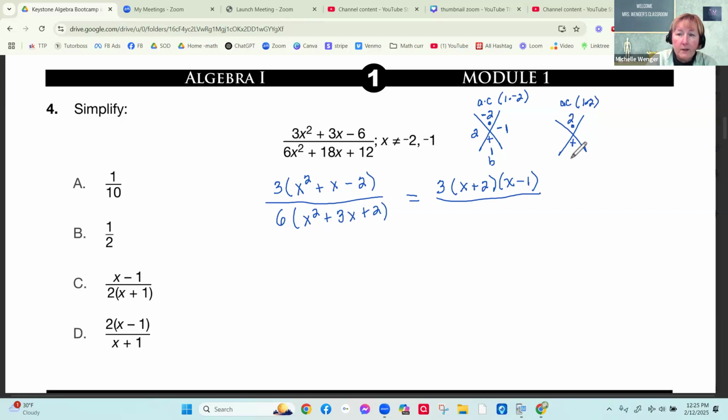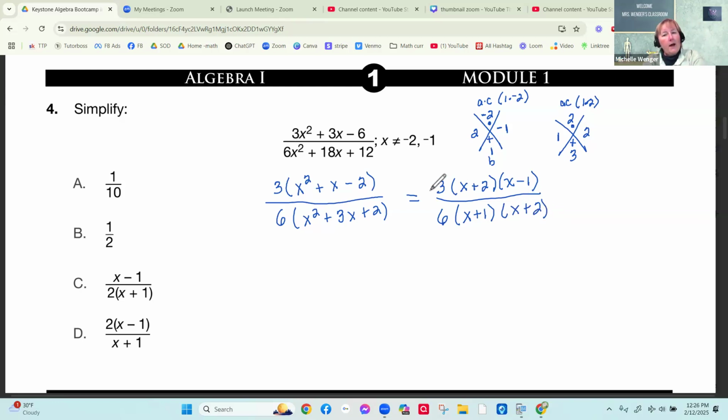My b value here is 3. So again, look at two numbers that multiply to 2. That's what you need to look at first, and then you check to see, do those two numbers add to 3? Well, this is obviously 1 and 2. Because the leading coefficient is 1, I'm going to keep the 6 out here. So that leaves me with x plus 1 and x plus 2.